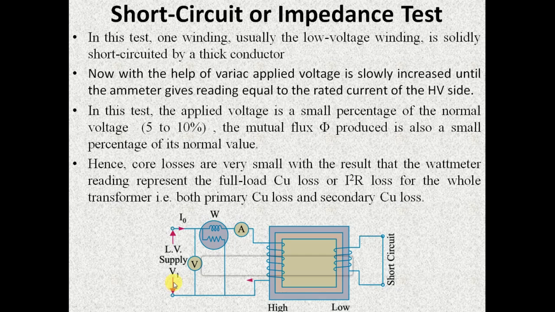So it must be ensured that this short circuit test is being conducted at rated current. In order to produce this rated current, the voltage which will be applied here will be a reduced one, usually 5 to 10% of the rated high voltage side voltage.